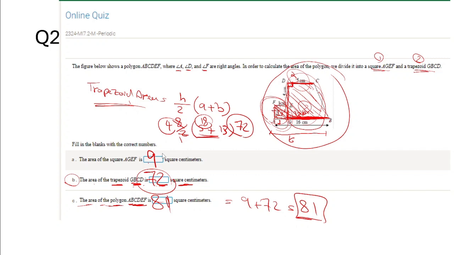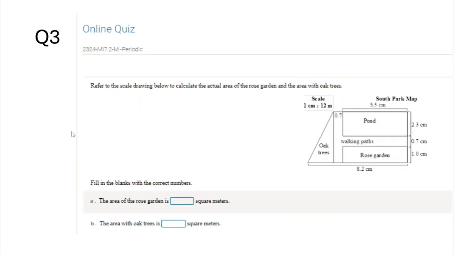So the answer here will be 81. Okay, so let's move to question number 3. Refer to the scale drawing below to calculate the actual area of the rose garden and the area of oak trees.